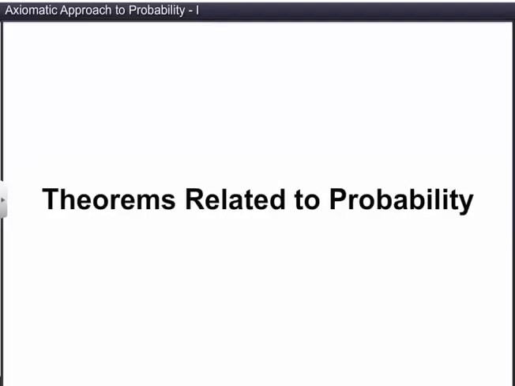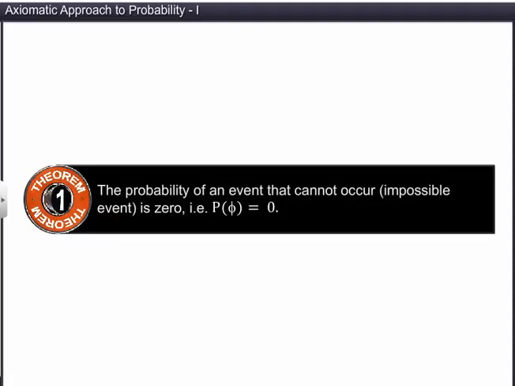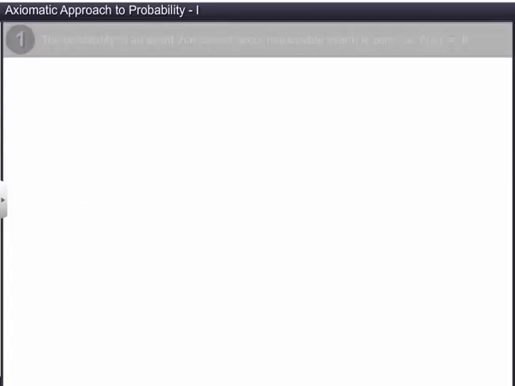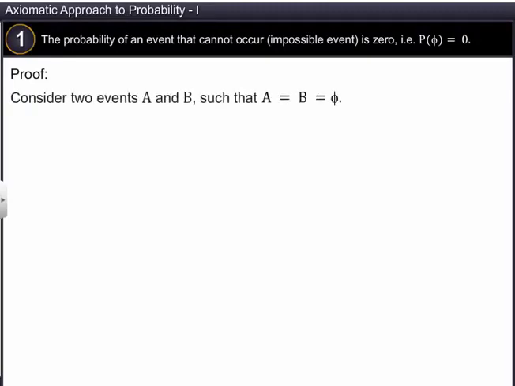Now, we'll prove some theorems related to probability. Let's begin with the theorem which states the probability of an event that cannot occur is 0. That is, P of phi is equal to 0. Consider two events A and B such that both A and B are null sets. Thus, A intersection B is equal to phi.